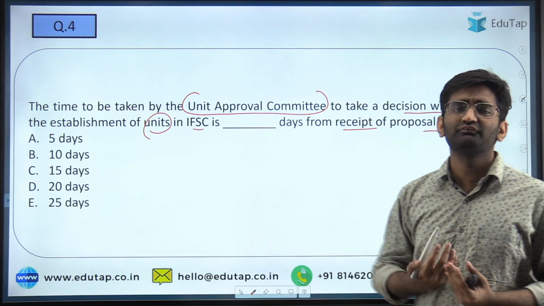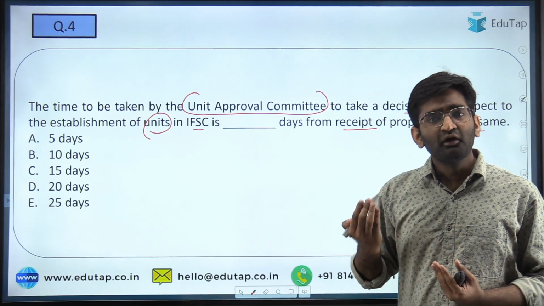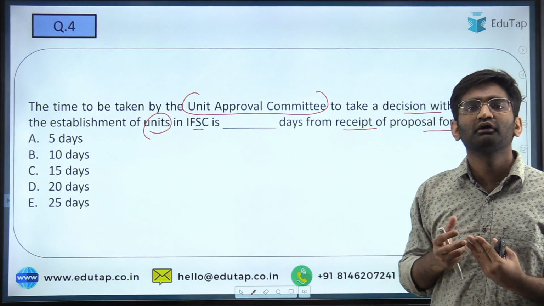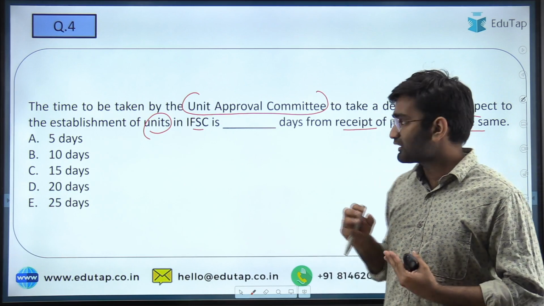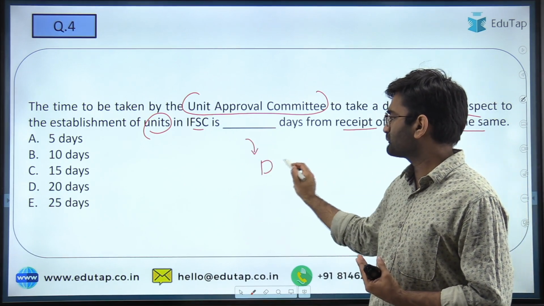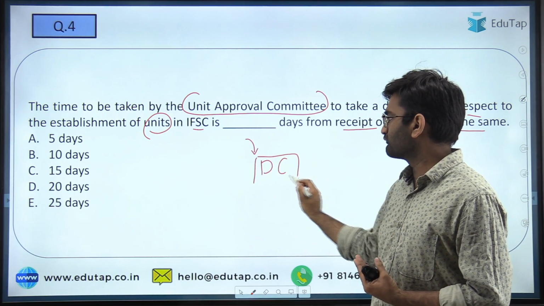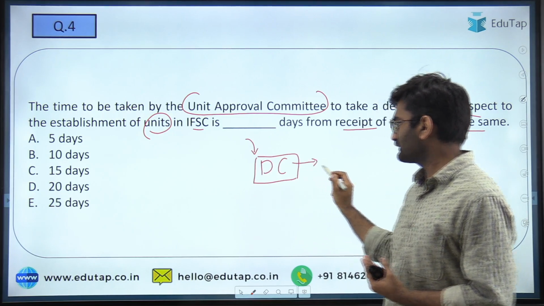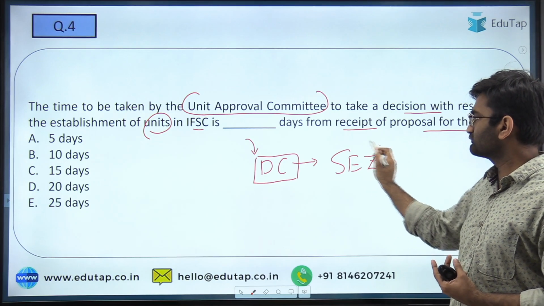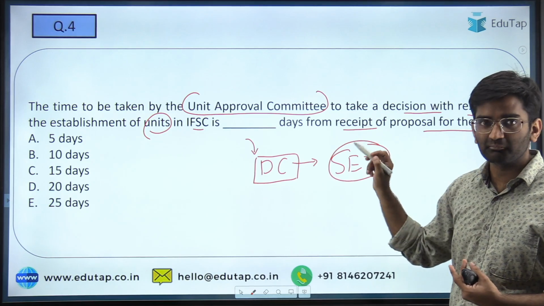If they want to open a unit within IFSC, they are required to go through a process. That process consists of applying to the development commissioner. This development commissioner is the development commissioner of the special economic zone within which the IFSC has been established.